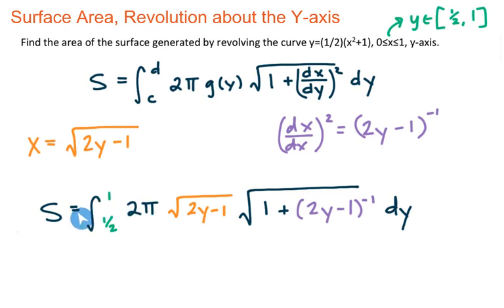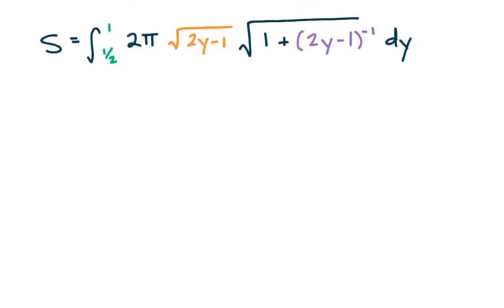2 pi, that's going to come in front. And when we are multiplying radicals, basically we can multiply those radicands and create one big radical. So I have 2 pi, the integral from 1/2 to 1.